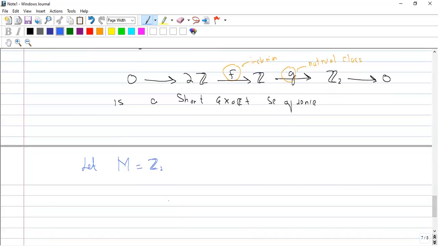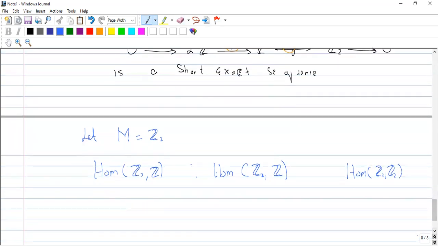Now applying Hom at each level, so what I will get is Hom of Z2 to Z2, and also I will get... Okay.